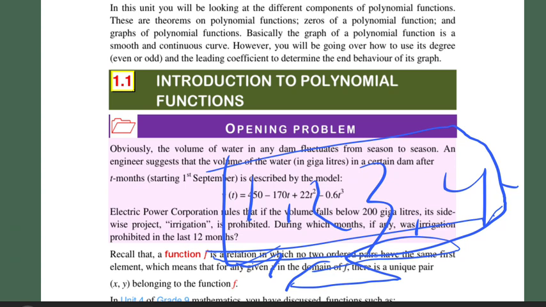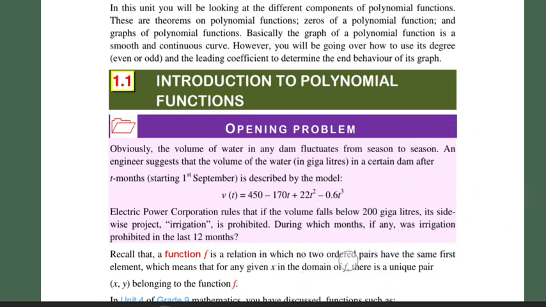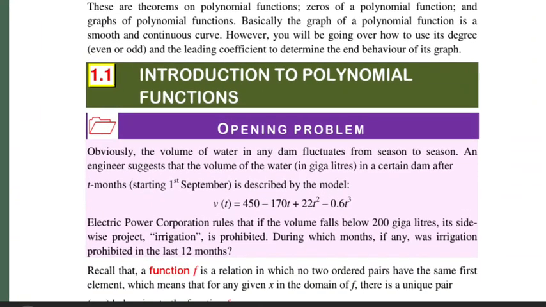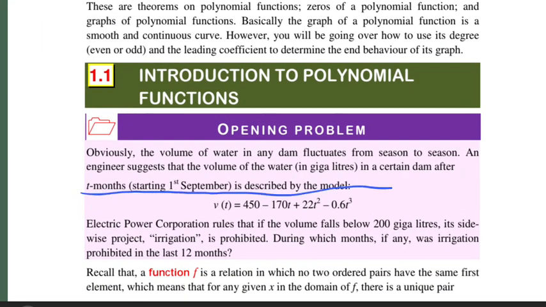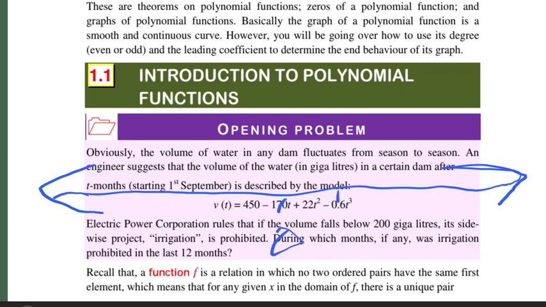So for the positive integers, when we draw them on the number line, it starts from 0, 1, 2, and minus 1, minus 2.